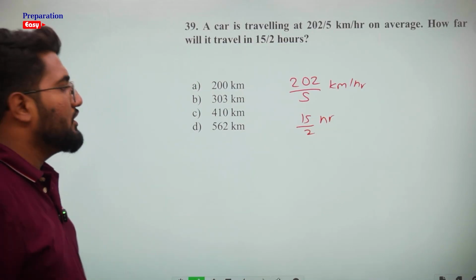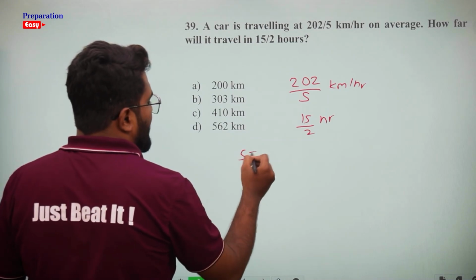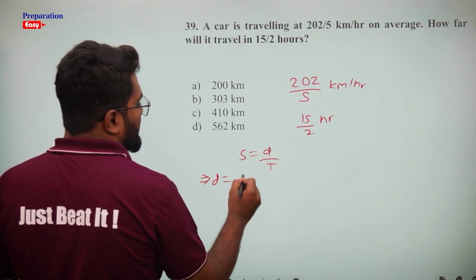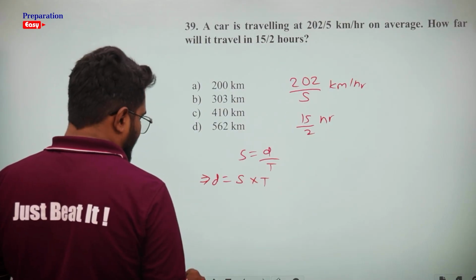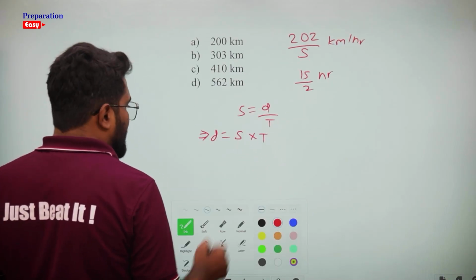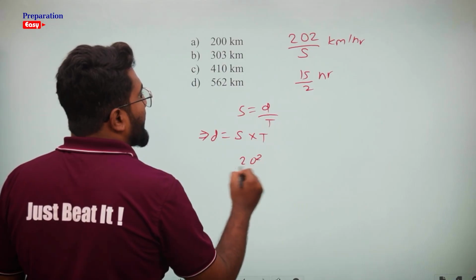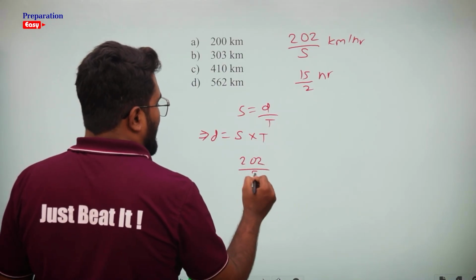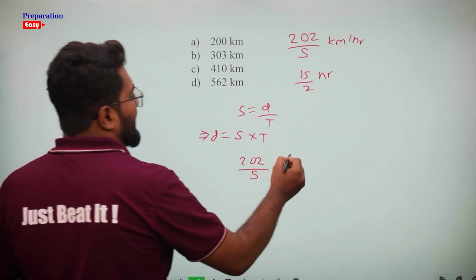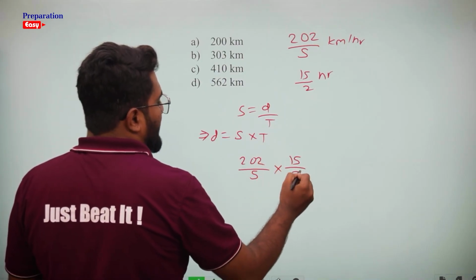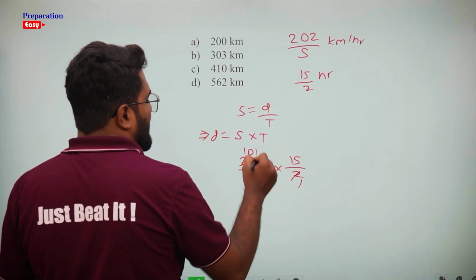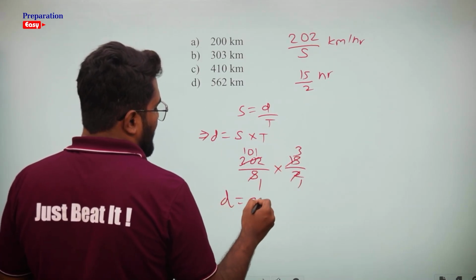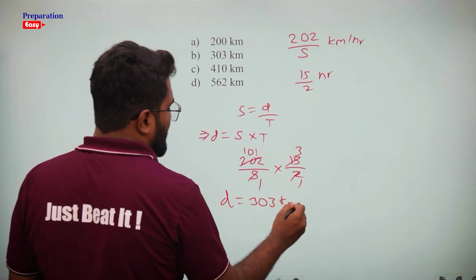What is the formula for distance? Speed equals distance upon time, that gives distance equals speed multiplied by time. So what is speed? Speed is 202 divided by 5, and time is 15 by 2. 2 ones are 2, 5 threes are 15, so the distance will be 303 kilometers.